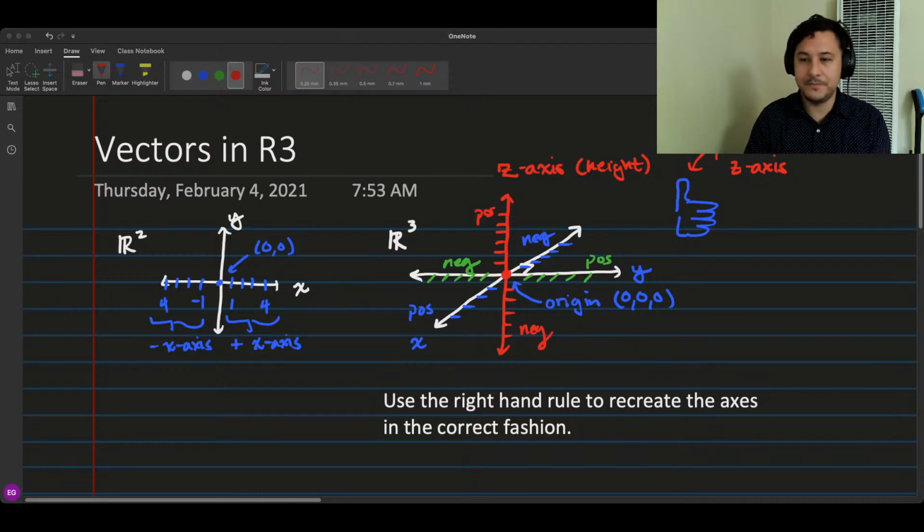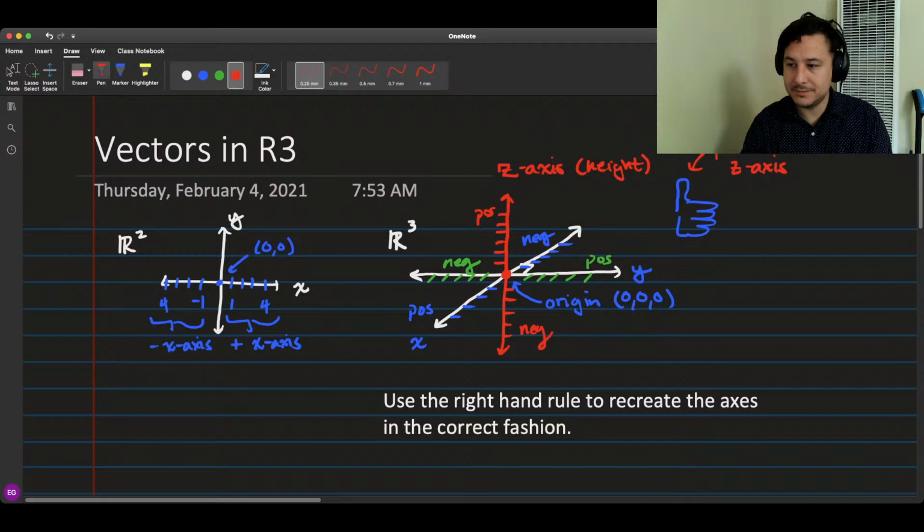And your fingers start at the positive x-axis. So you line up your fingers with the positive x-axis.